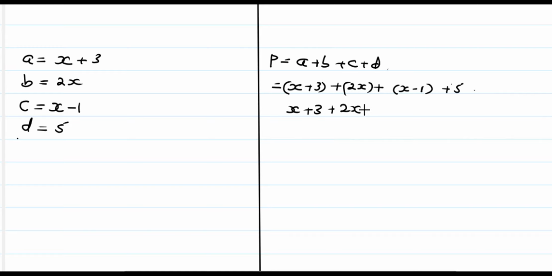That will be x plus 2x is 3x, plus x is 4x. Then 3 minus 1 is 2, then 2 plus 5 is 7. So the perimeter P of that trapezium becomes 4x plus 7, because you were told to write the perimeter in terms of x.